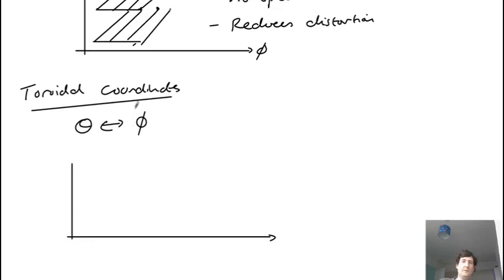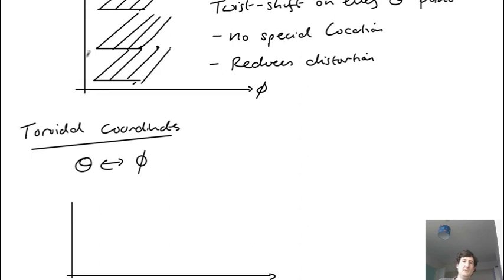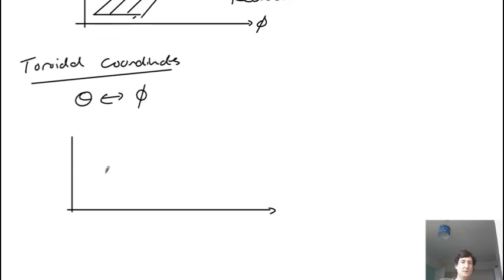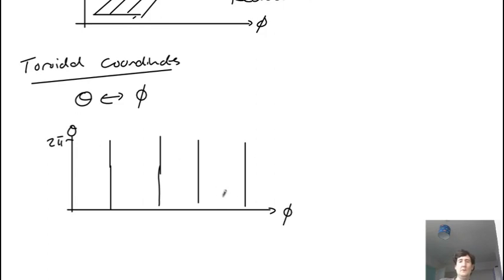And so instead of having a set of planes at fixed poloidal angle, we now have planes at fixed toroidal angle. So we have these kind of planes like this, which now must go 0 to 2 pi. So this is going 0 to 2 pi here in theta, and this is toroidal angle. So now I have planes in fixed toroidal locations, and now the field lines, which are doing like this.